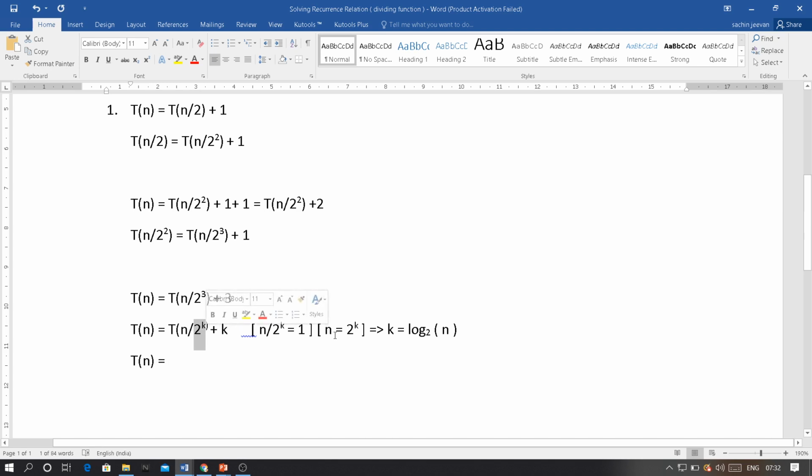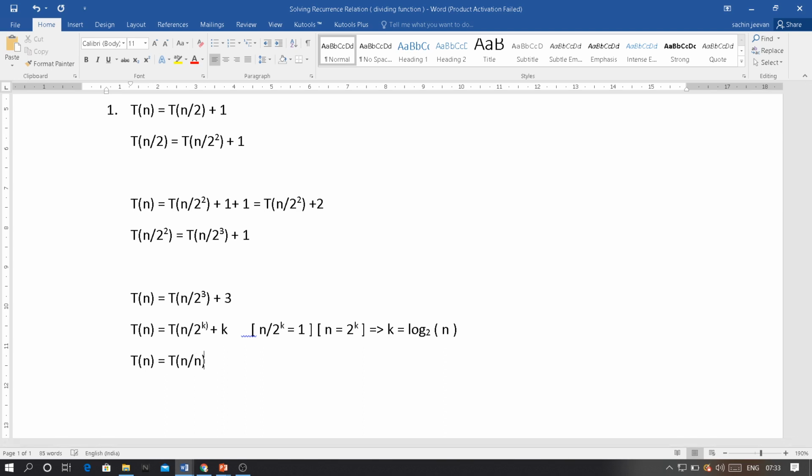When 2 power k is taken as n, this will be T of n divided by n, plus instead of k we will be taking the value of k, which is log base 2 of n. So instead of 2 power k we take n, and instead of k we take log base 2 of n.